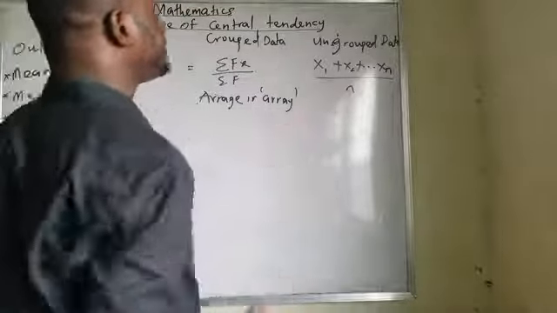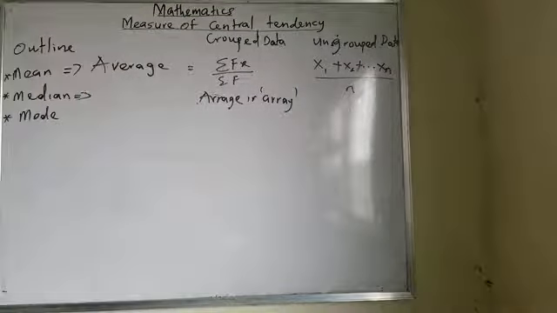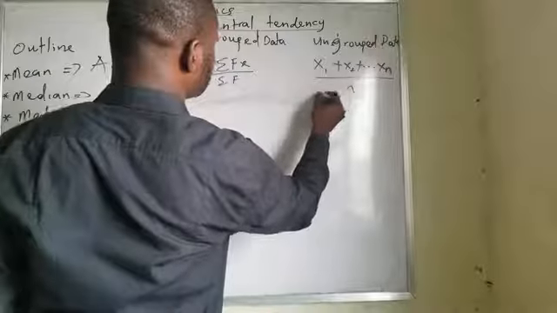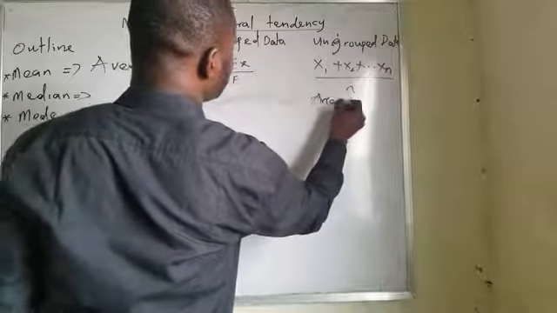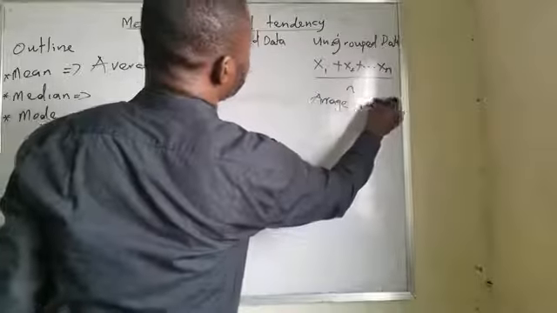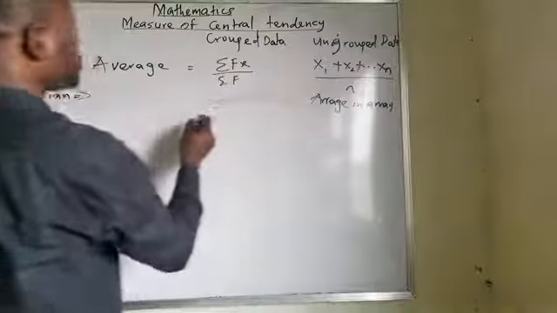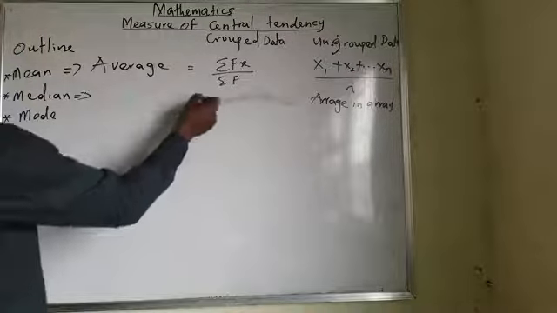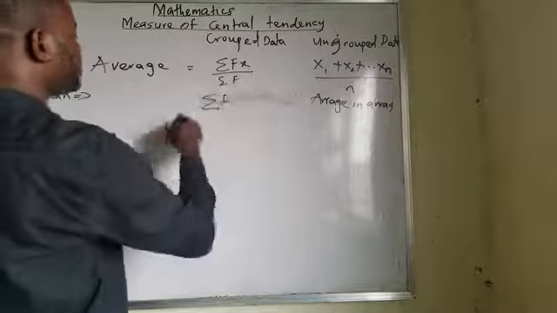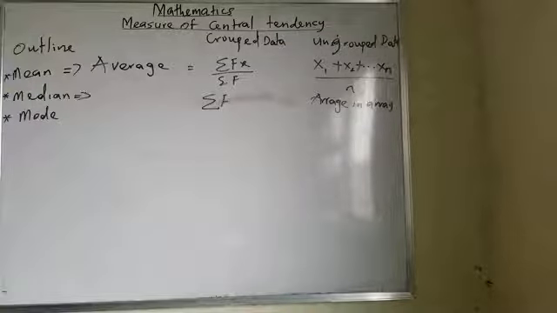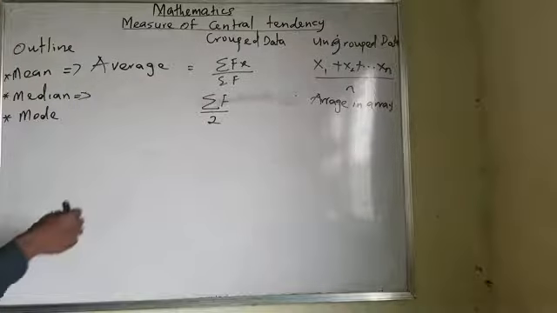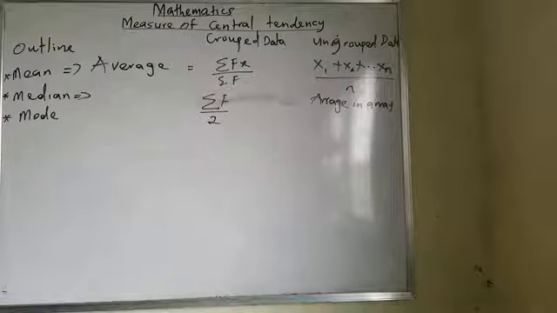Arrange in array. Now, how do I do it on grouped data? When you are to do it on group, we just have summation of f, the frequency, divided by 2.